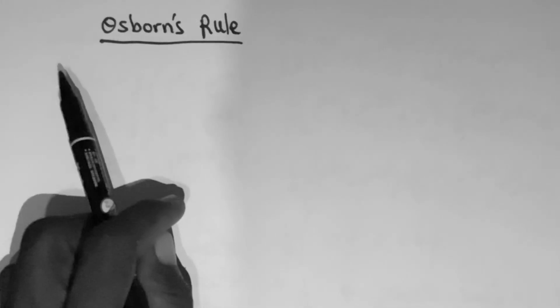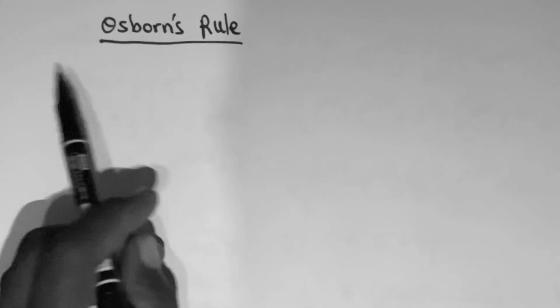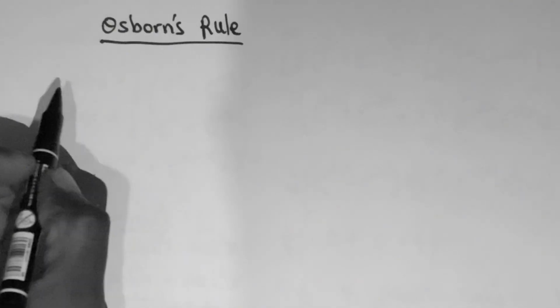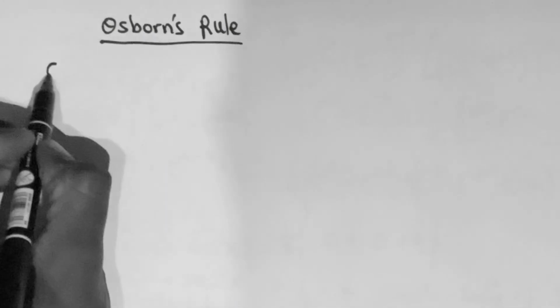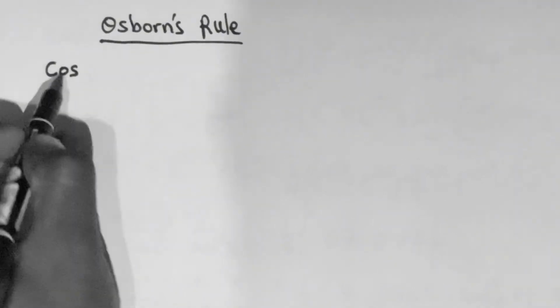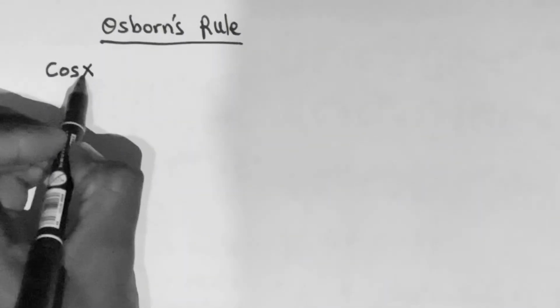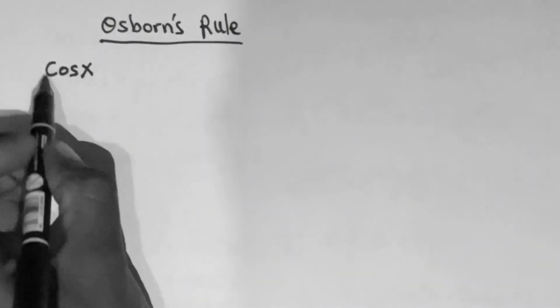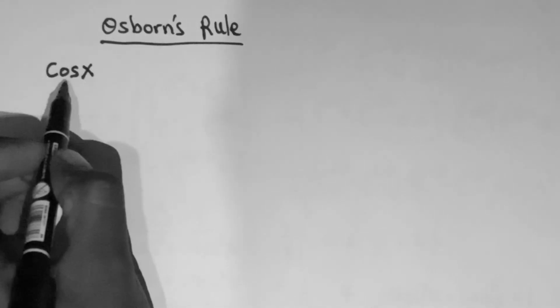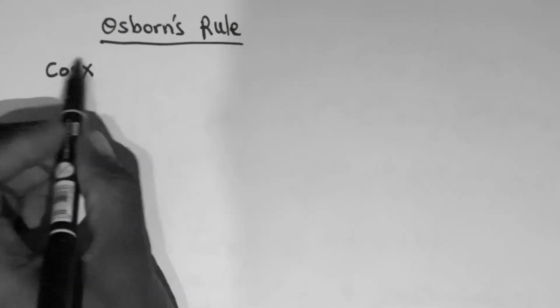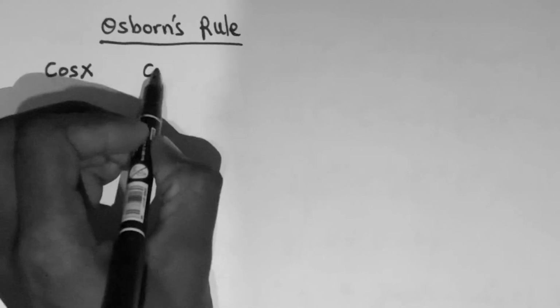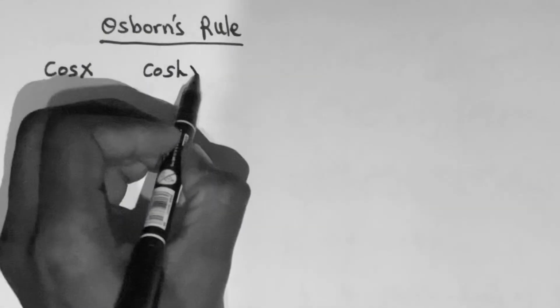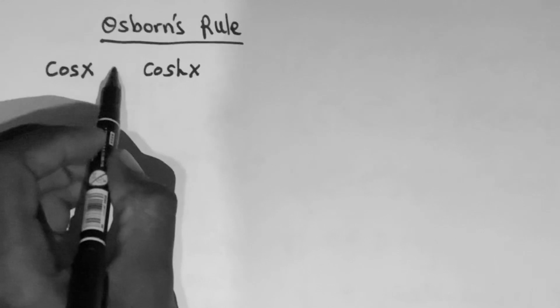At this point, let's talk about Osborn's rule. Osborn's rule is used to convert trigonometric functions to hyperbolic functions. What Osborn's rule says is that if you want to convert a cosine function, like cosine x, you can convert it to a hyperbolic function by replacing cosine x with the hyperbolic cosine function, cosh x.